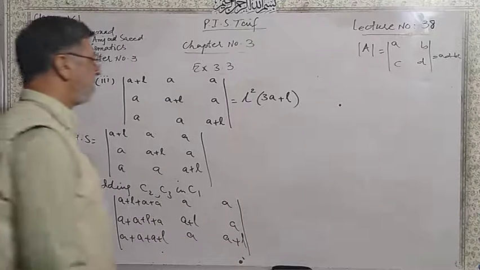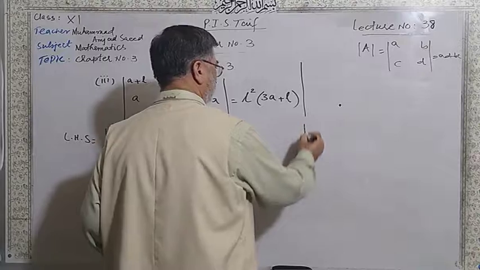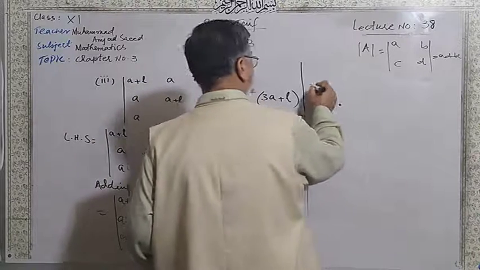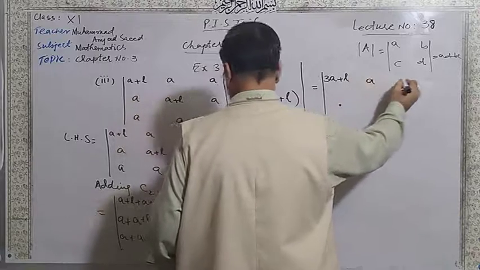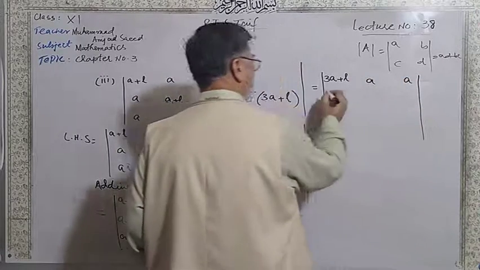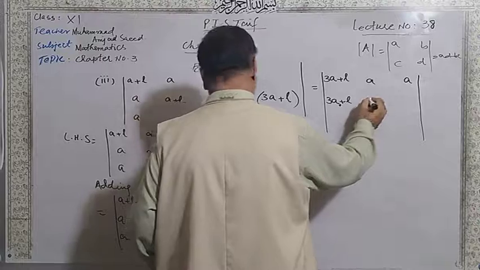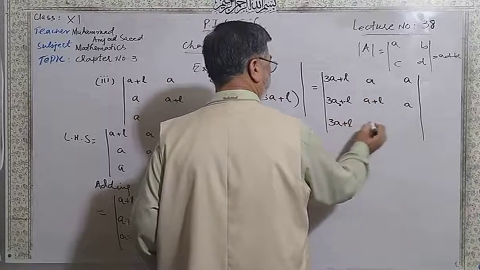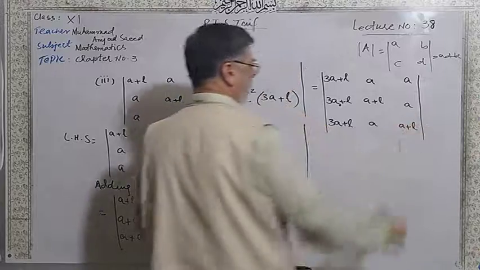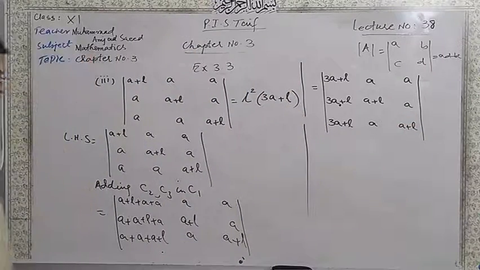You can check we have 3A plus L, A and A. 3A plus L, A plus L and A. 3A plus L and A plus L. You can check that. You got it.